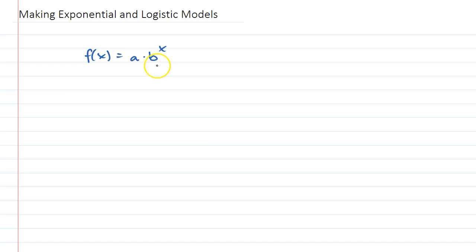So the thing to keep in mind here is that b, remember, if b is larger than 1, it's growth. If it's less than 1, it's decay. And so often we write it like 100% plus or minus the rate. What this means is, for example, if we have a 2% growth rate, we would think of that as 100% plus 2%.